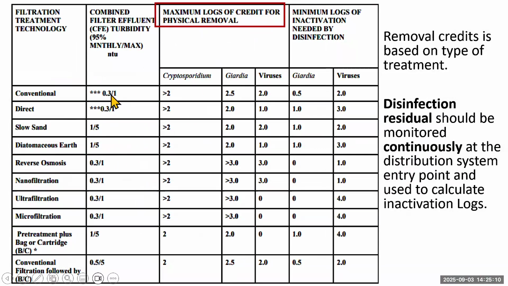Some of them, we had said that you need 0.3 NTUs with a max in your combined of 1 for these treatments, and they're a little less for some of the others. The credits given by the state are based off the type of treatment, the treatment train, and as part of this, disinfection residual should be monitored continuously in the distribution system entry point, that point where we're determining CT.